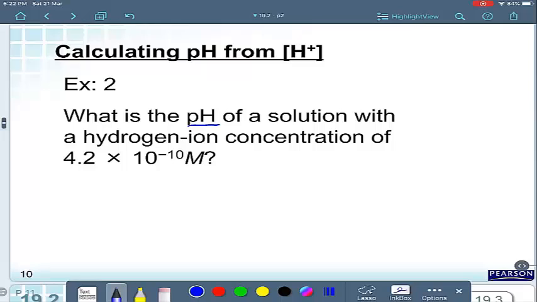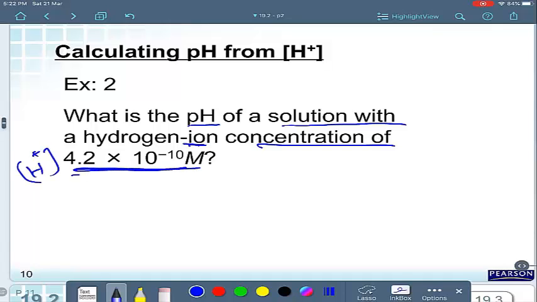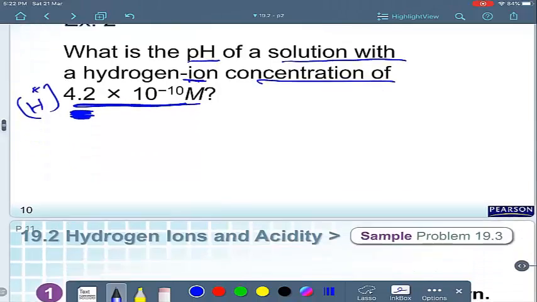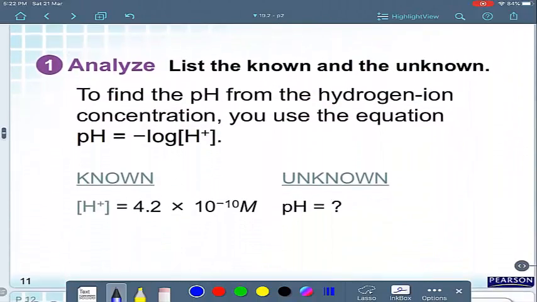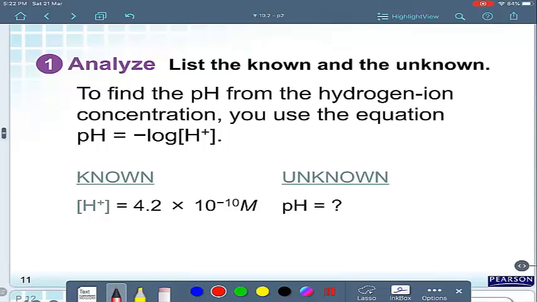What is the pH of a solution with this hydrogen ion concentration? The H+ ion is this value. Now the coefficient is not 1, so you have to follow the rule. Look, pH equals negative log H+ concentration. You have the H+ now, so put it here and calculate the negative log of this value.